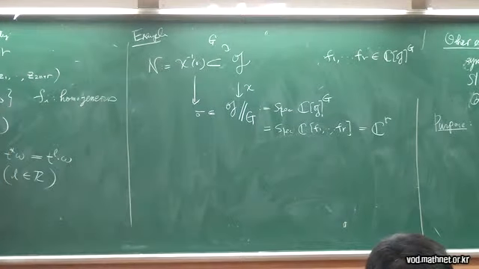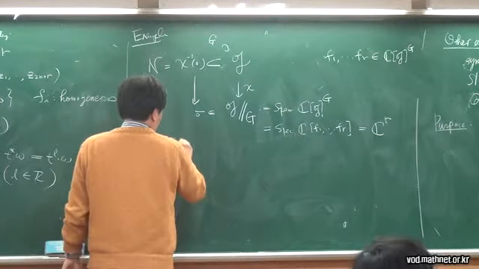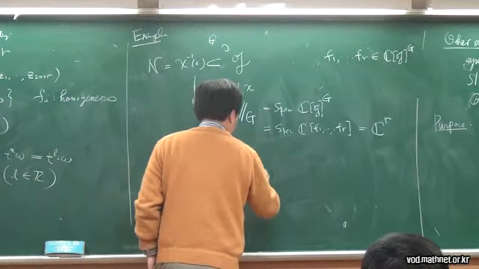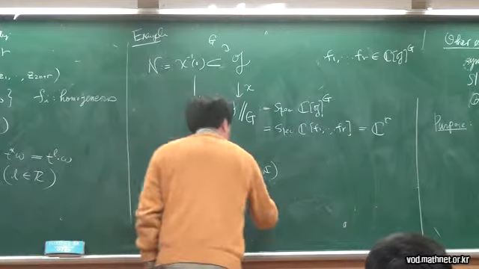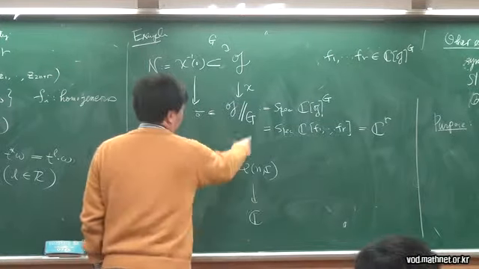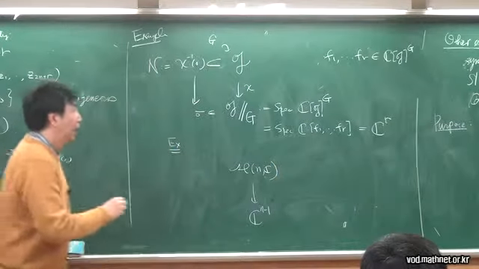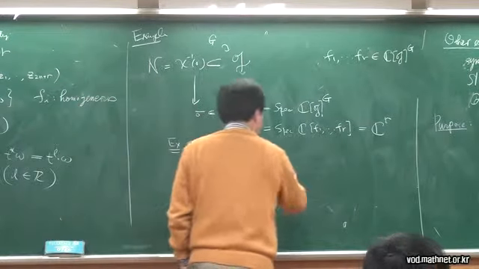The easiest example is this. If you start with SL_n, then r is n minus 1, and this map is given by the following.